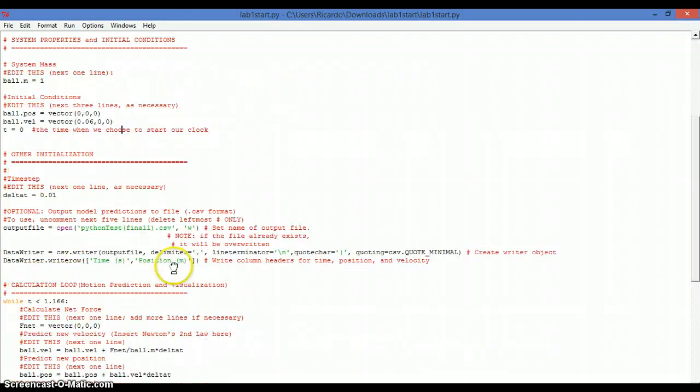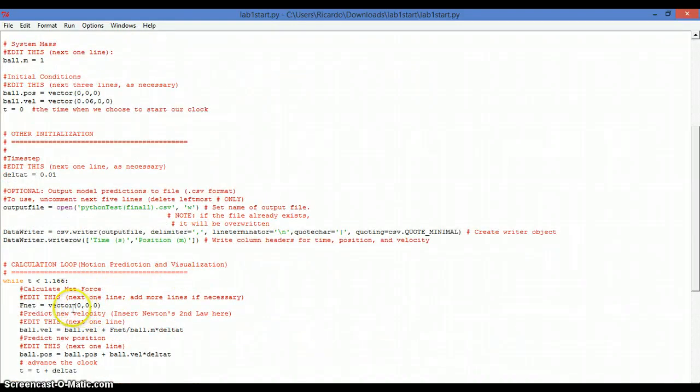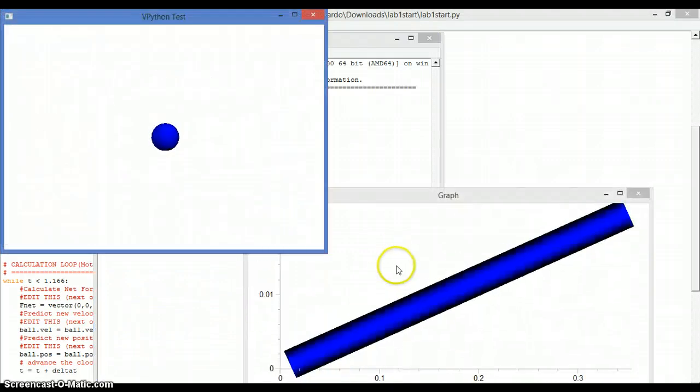Now, since I said that the net force is equal to 0 because we are using constant motion, and in constant motion the net force is equal to 0, we can say that the velocity throughout the whole time interval is 0.06 meters per second, and the time that the object will be moving is 1.166 seconds. Now if I run the code, we can see this.